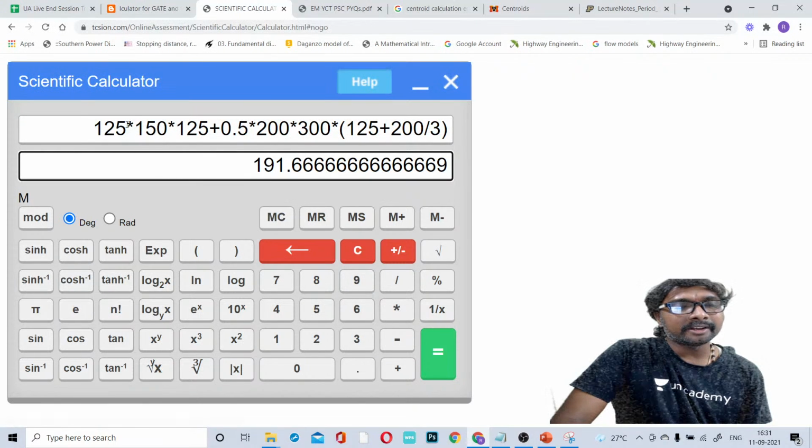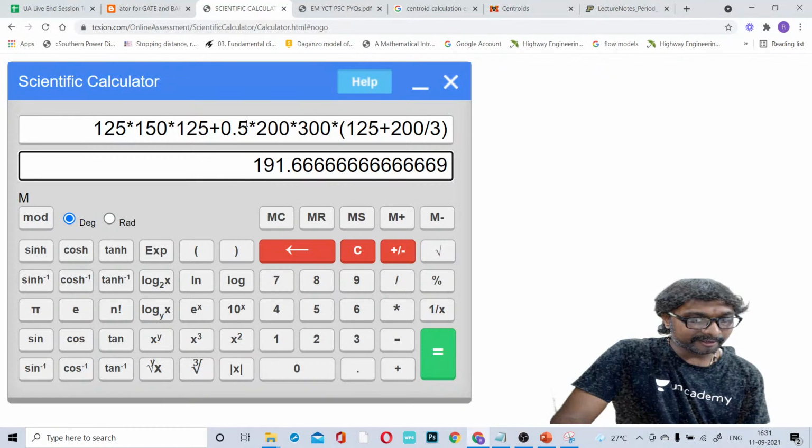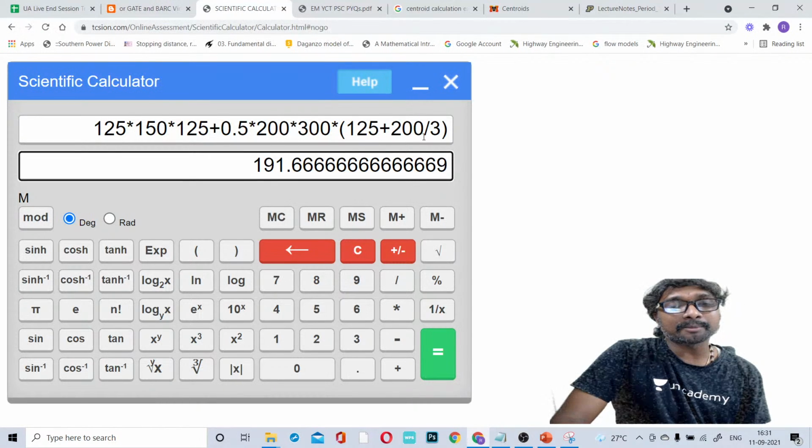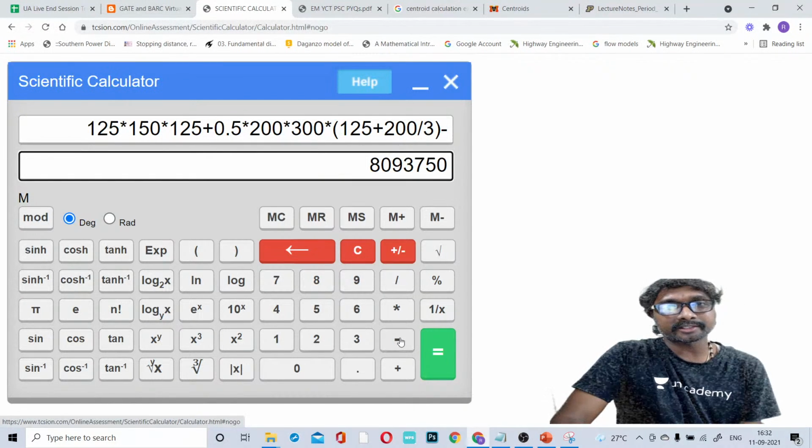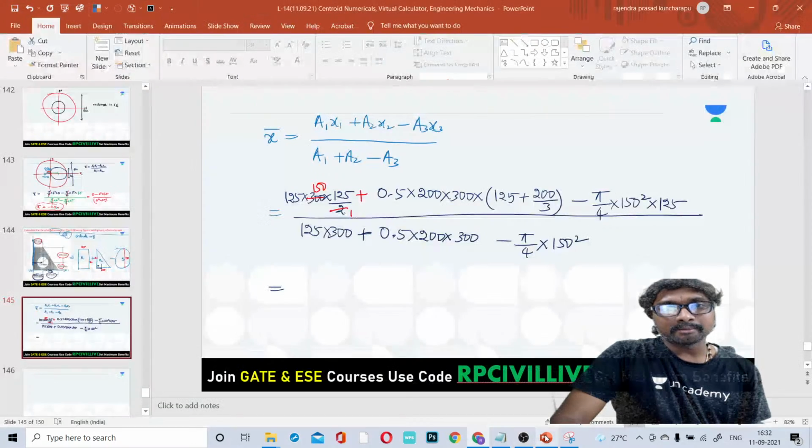So you get 125 into 150 into 125 plus half into base into height into (125 plus 200 by 3), minus the third area.